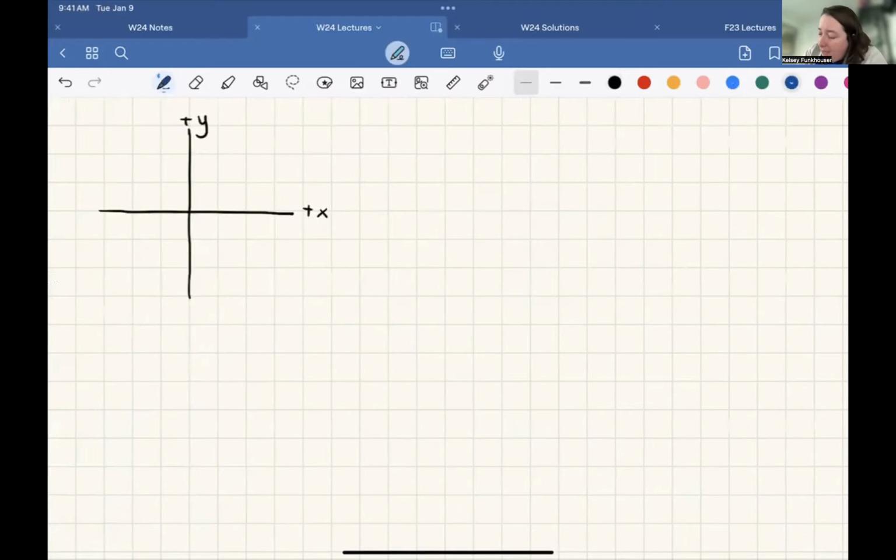We have F1 in the negative x direction, F3 in the positive x direction, and then we have F2 at a 45-degree angle up here, 45 degrees, and this is F2. And so this means we have a y component of 2 and an x component of 2, not necessarily that big.